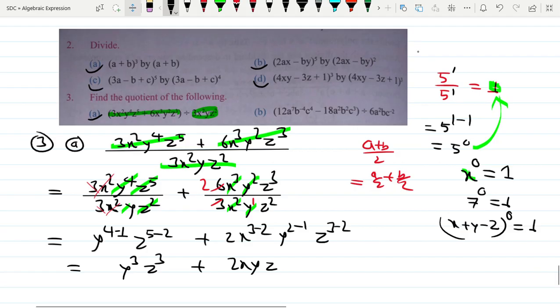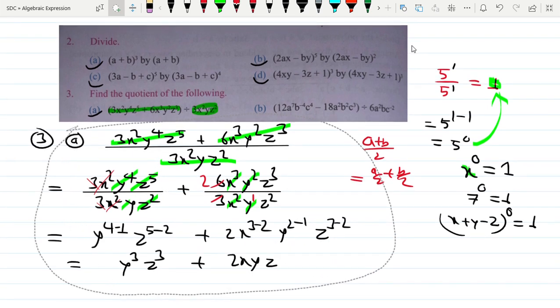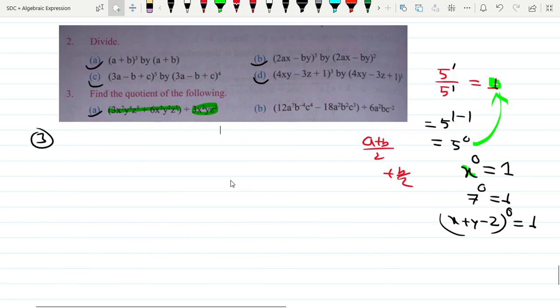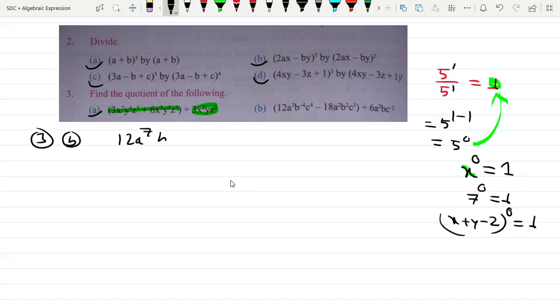Now I go with part B. Here in B, 12a power 7, b power minus 4, c power 4 minus 18a square b square c cube is getting divided by 6a square b c power minus 2.